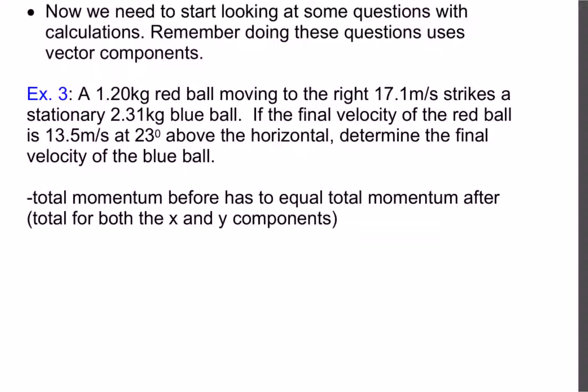It says we've got a 1.2 kilogram red ball moving to the right at 17.1 meters per second, and it's going to strike a stationary blue ball, so that one's not moving. That's our before.